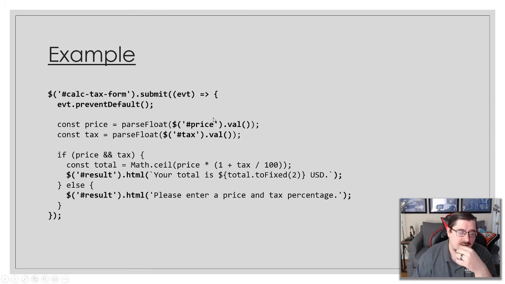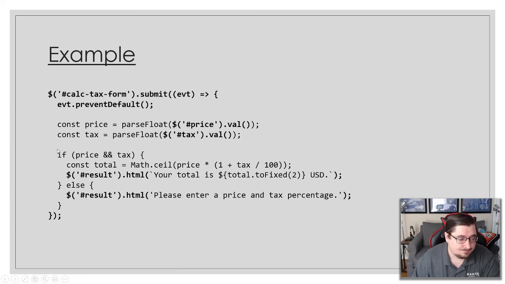So I'm going to take that value that's a string, call parseFloat, and that will take the string and turn it into an actual number. Similarly with the tax, I'm going to use an ID selector for the tax input, get the current value of it, and then turn it into a floating point number. You'll see I've marked them as const, because once I've gotten these values, I don't want them to change, because these are the two values that the user has entered.